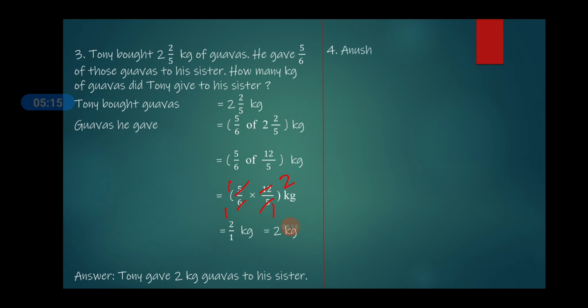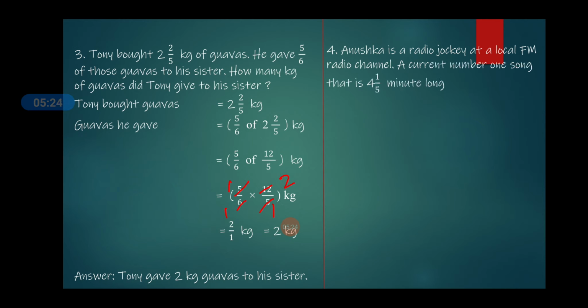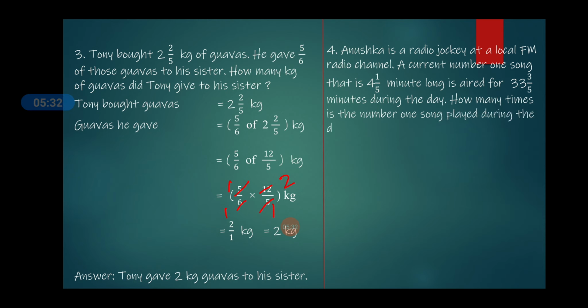In the next question, Anushka is a radio jockey at a local FM radio channel. A current number 1 song that is 4 1/5 minutes long is aired for 33 3/5 minutes during the day. How many times is the number 1 song played during the day?